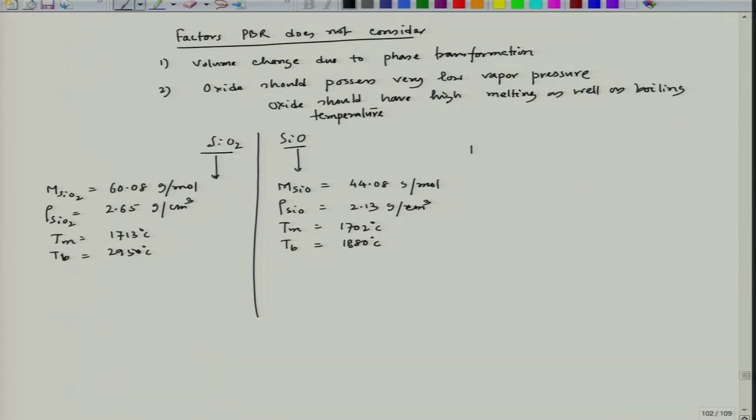Now, if I try to calculate PBR from the silicon data, the atomic weight of silicon is 28.08 gram per mole, and rho is 2.33 gram per cubic centimeter.